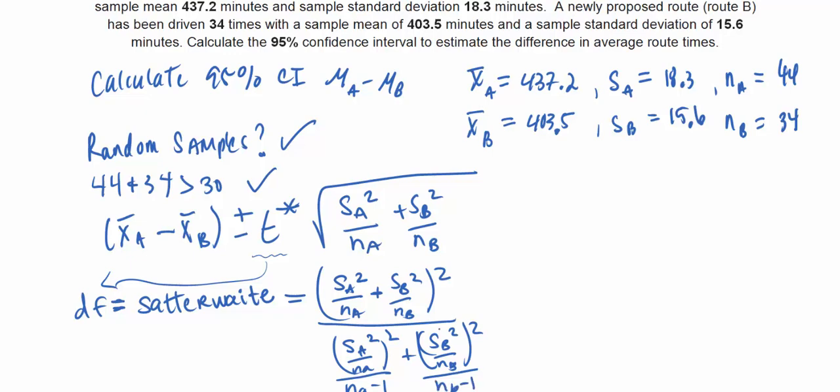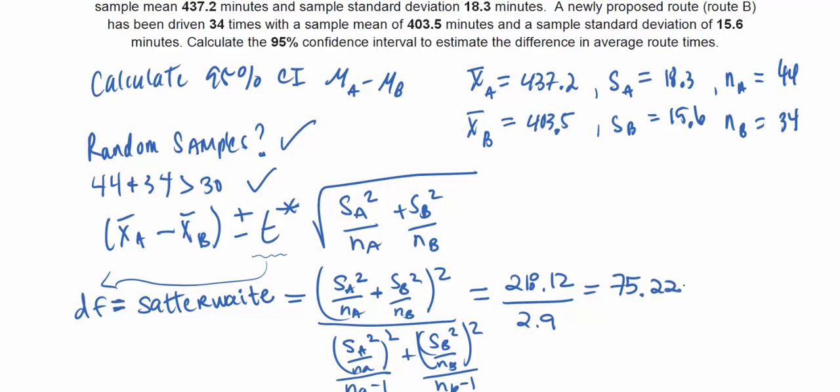So this is kind of a nasty formula. It looks really nasty, but essentially all you need are the sample standard deviations and the sample sizes in order to calculate this. So if we plug in the values from our problem, we'll get a numerator value of 218.12 and a denominator value of 2.9. This will give us Satterthwaite degrees of freedom of 75.22.